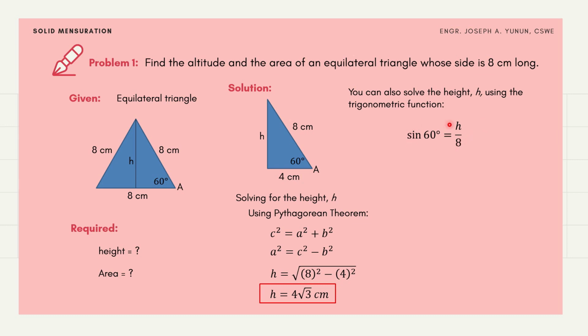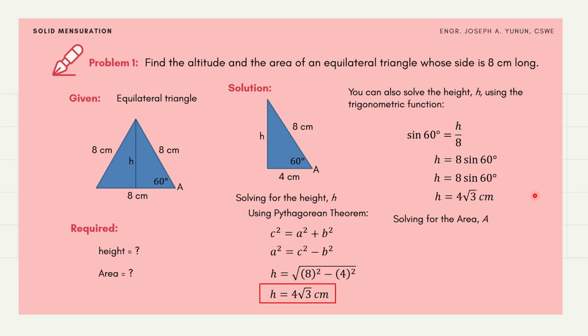Okay, so simplifying or rearranging this formula to solve for height, we get these equations. So the product of 8 and sine 60 degrees. Using your calculator, you will arrive at the same answer, 4 square root of 3 centimeters.